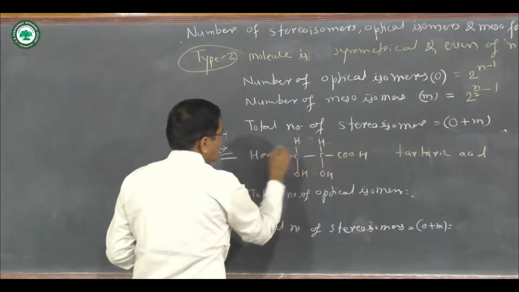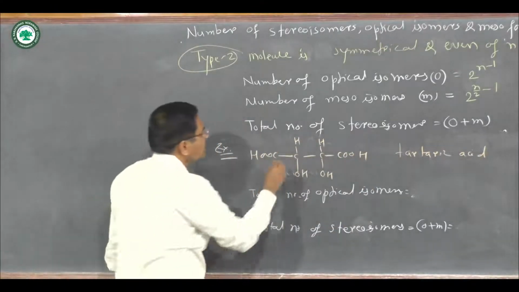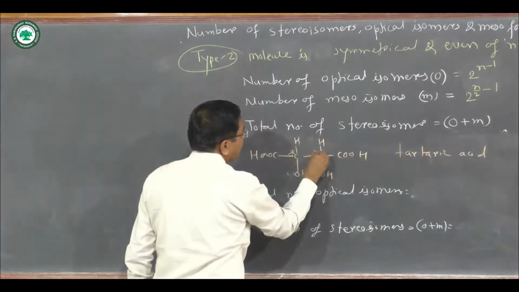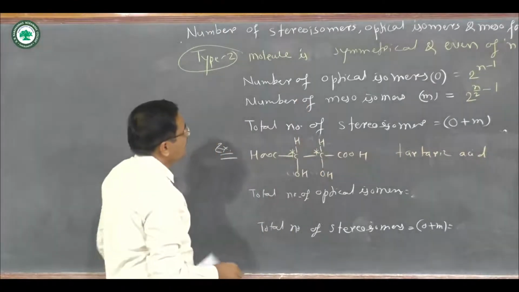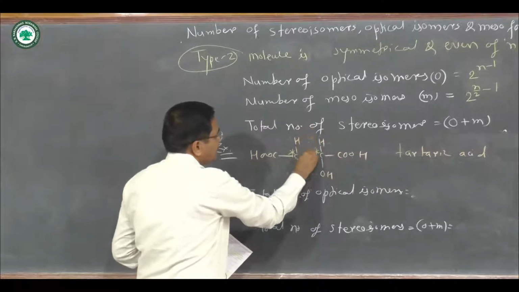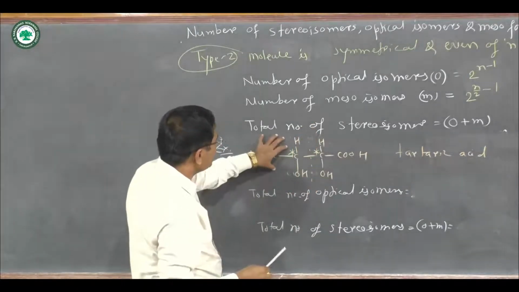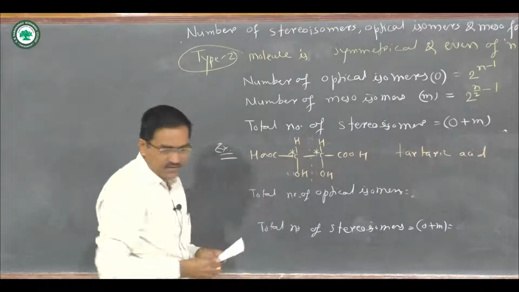This is the chiral center, and this molecule is symmetrical because this part and this part are identical.